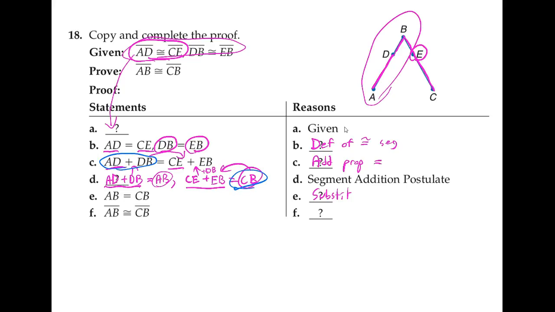And then we do that same thing again. Well, if AB is the same as that, and CB is the same as that, then, so it could be two steps of transitive, or you could just say you did two substitutions in one step. So that's a substitution property of equality. And then here, if we have the segments are equal, well then we know they're congruent by the very definition of congruent segments. So that proof made a lot more sense following along.